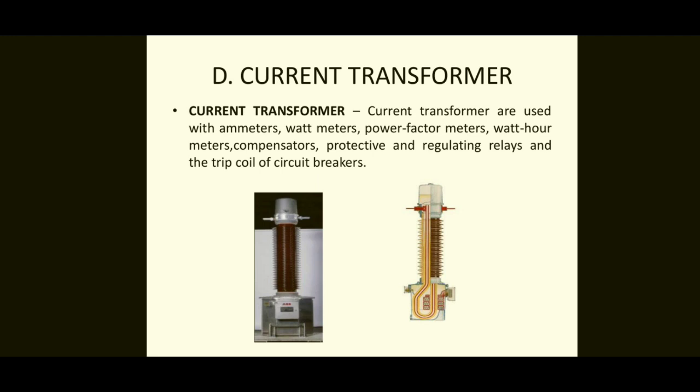On the secondary side we place ammeter, wattmeters, or whatever it may be.